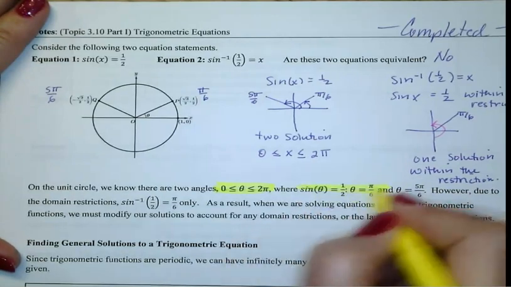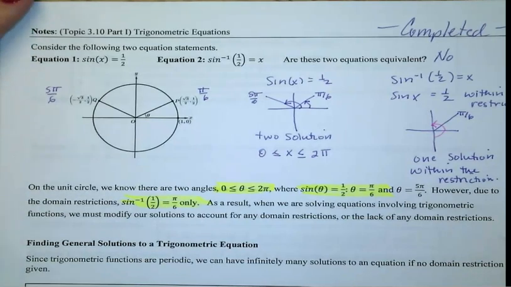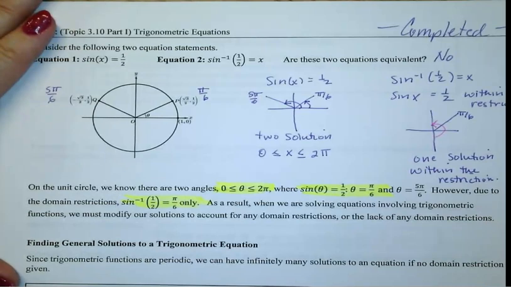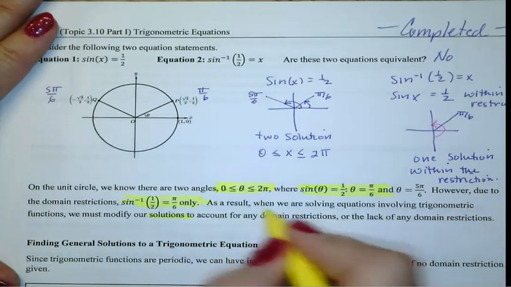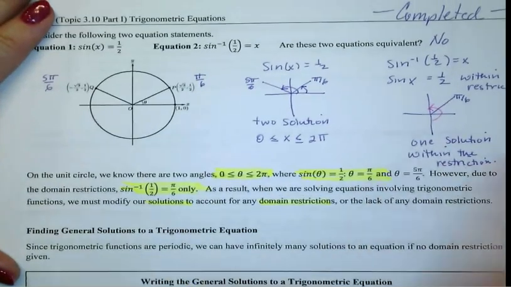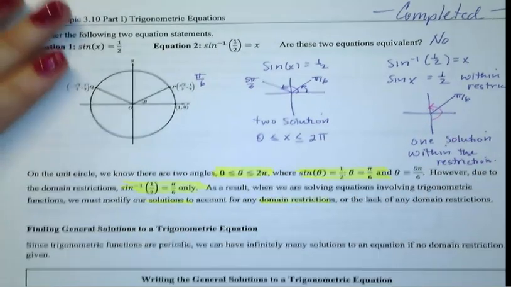Here we had two possibilities. Here we only had one. So as a result, when we're solving equations involving trigonometric functions, we often have to modify our solutions or take into account any domain restrictions that they might have as we're working through a problem. So we're still going to be needing our restriction marks where they apply.